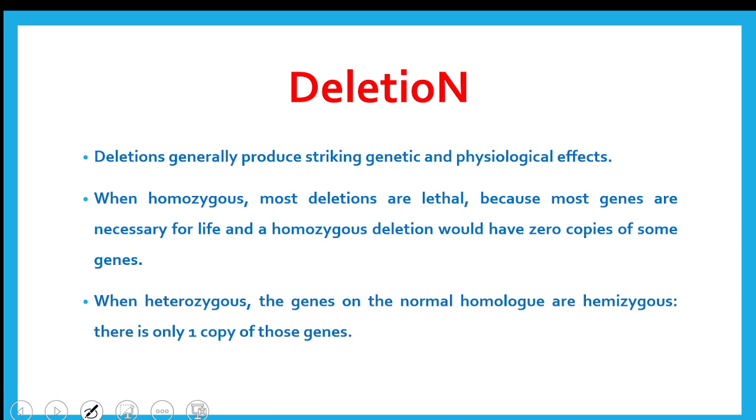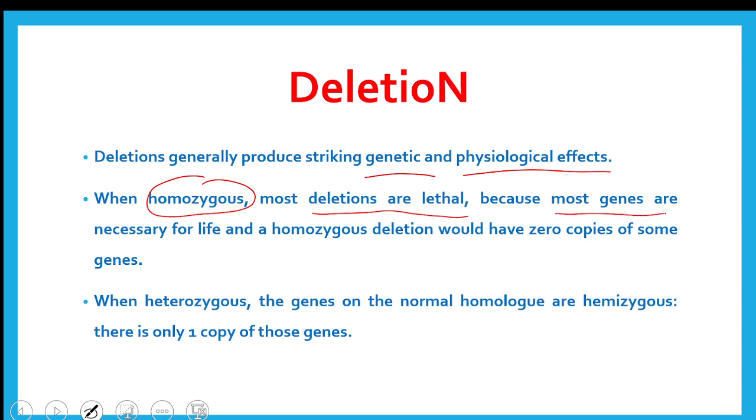Let us continue with deletion. So deletions generally produce genetic and physiological effects. When homozygous, when it is a deletion homozygote, most of the deletions are lethal, as we have said before. That means they decrease the viability of the organism and the organism may or may not survive.